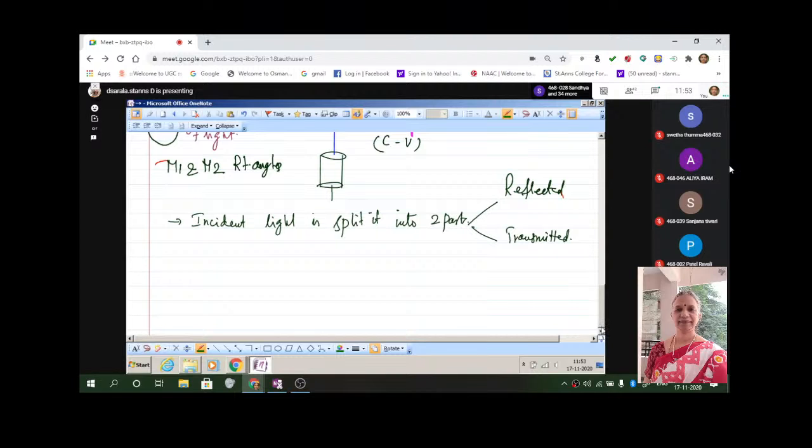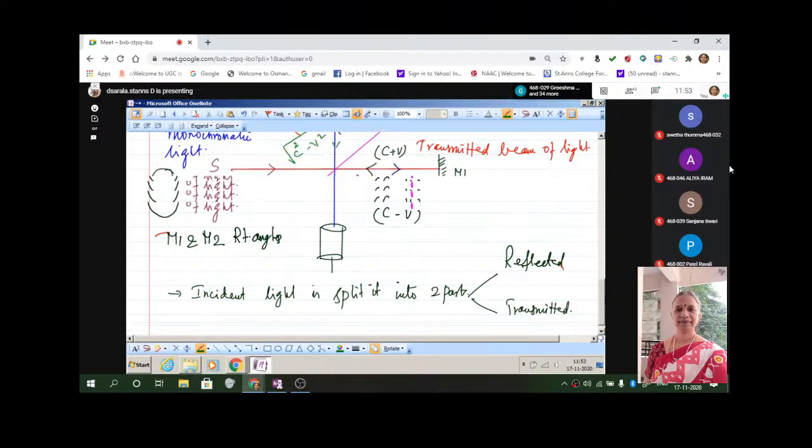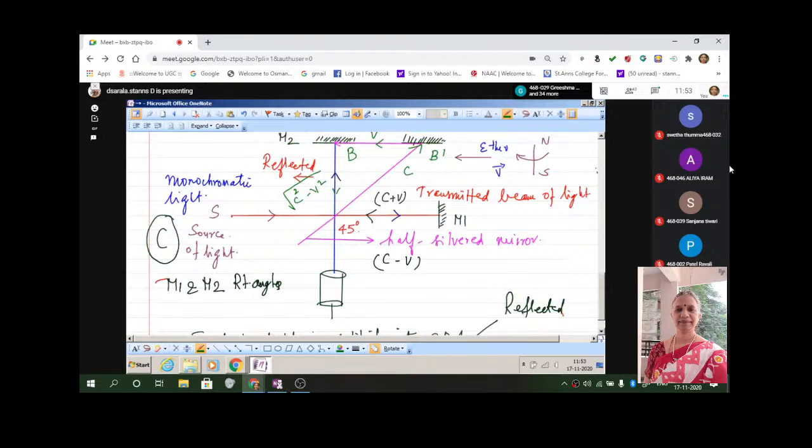Therefore, what is interesting here now is that let this distance of this mirror be d, and this distance also is d.